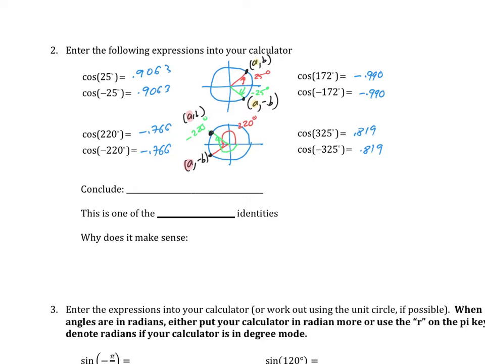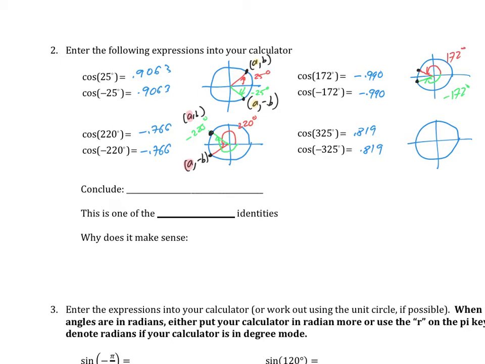I'll do the last two a little more quickly. So I'm going to go ahead and sketch both angles. I'm going to sketch 172 degrees, and then I'm going to sketch negative 172 degrees. And once again, we can see that we would have the same x values. And I will do the last one. I'll sketch 325 degrees.